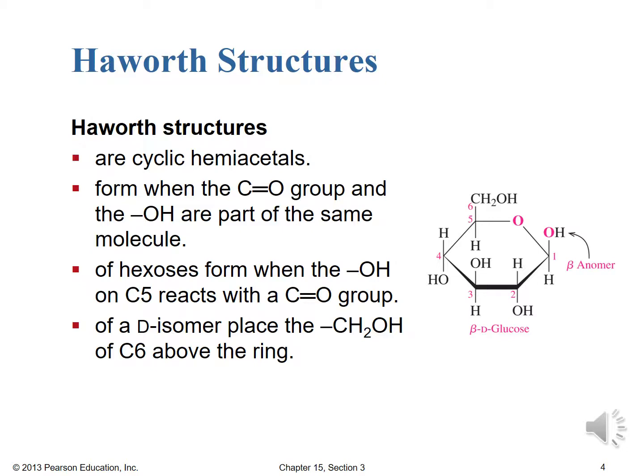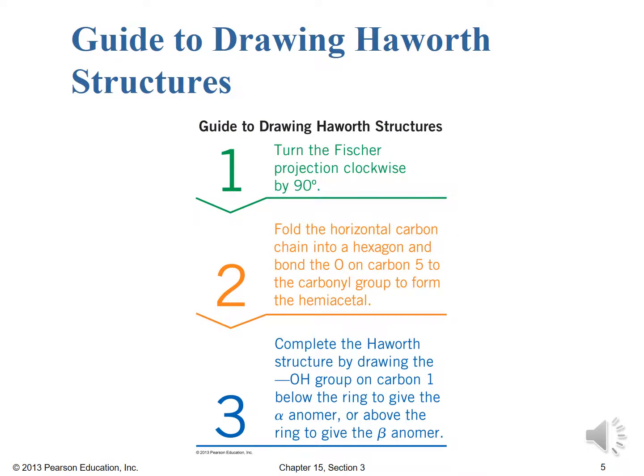All right, well, hopefully you've gotten used to your Fischer projections by now, because the guide to drawing Haworth structures in step number 1 involves turning that Fischer projection clockwise by 90 degrees, fold that horizontal carbon chain into a hexagon, and bond the oxygen from carbon 5 to the carbonyl group to form the hemiacetal, and then finally complete that Haworth structure by drawing the hydroxyl group on carbon 1 below the ring to give the alpha anomer, or above the ring to give the beta anomer.